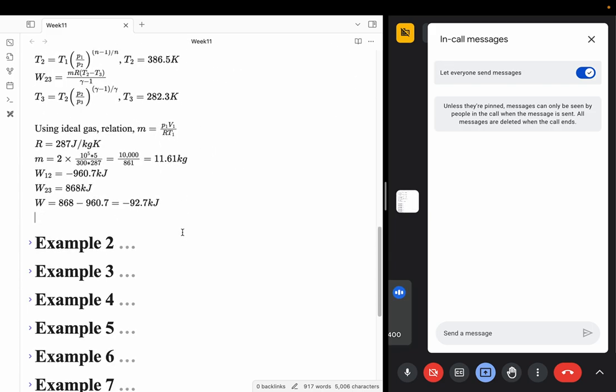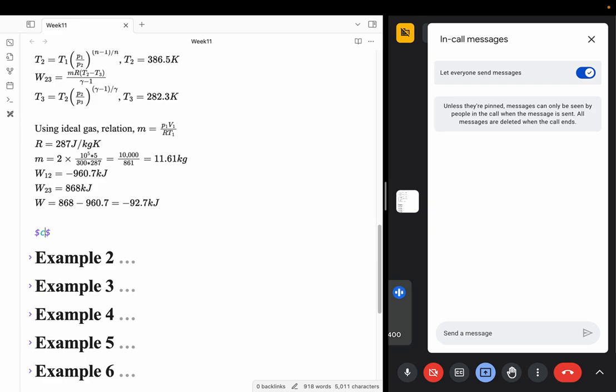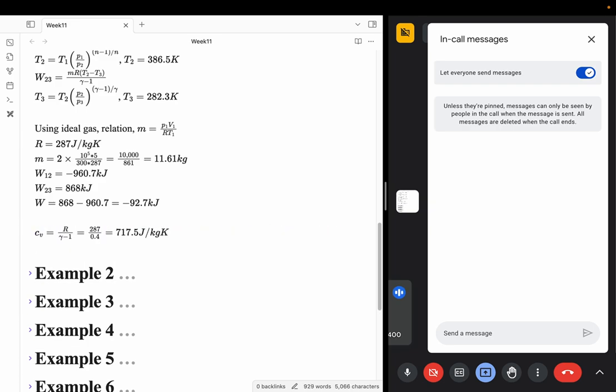From R and gamma, we can directly calculate Cv. So Cv is given as R by gamma minus 1. So you can substitute that and calculate the change in entropy for the process 1 to 2.